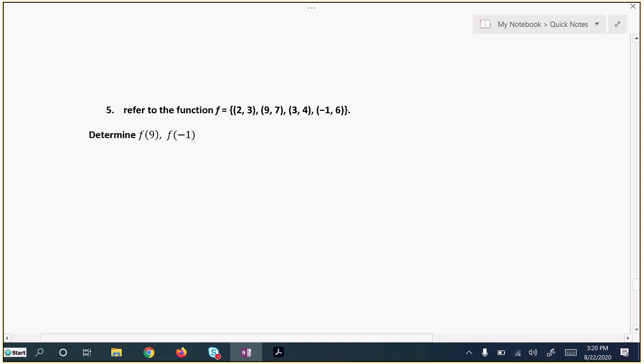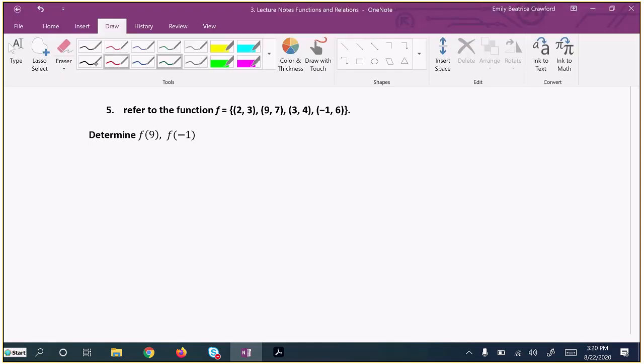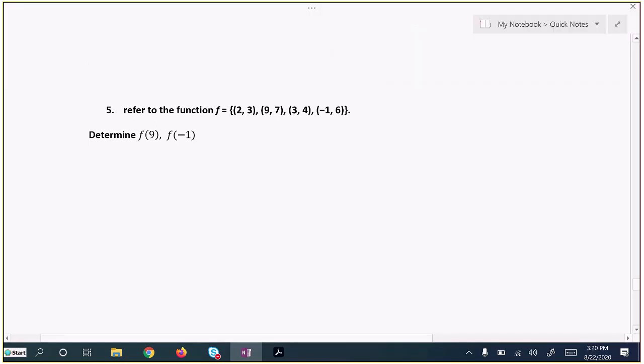So what about if we're given the function as a set of ordered pairs? So we have the ordered pairs (2, 3), (9, 7), (3, 4), (-1, 6), and we want to determine f of 9. Well, the idea is the same. F of 9, this notation means which y value do I get when I plug in x equals 9?